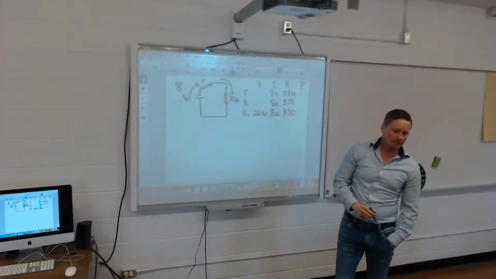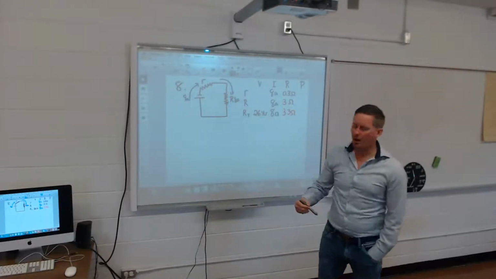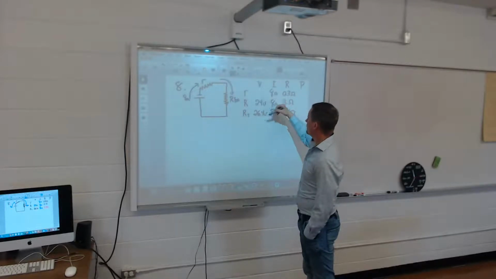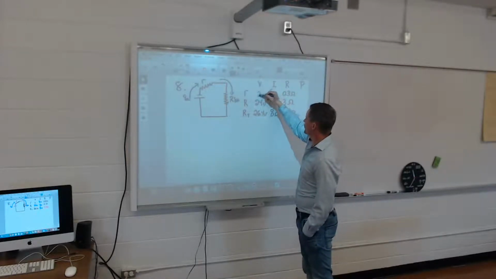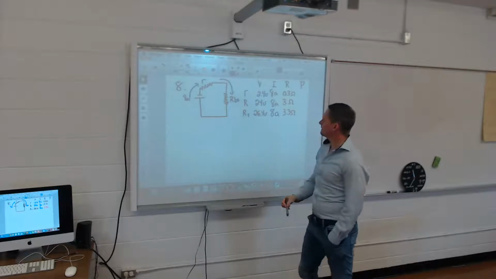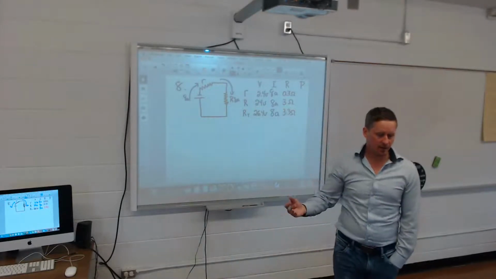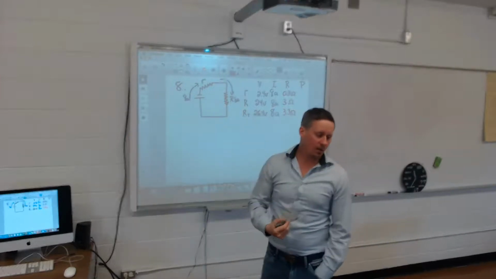So if I were wanting to get the voltage on each, I would multiply, and this would be 24 volts here and 2.4 volts here. So that would be where we would leave off in the last unit. But now we need to know what the power is.